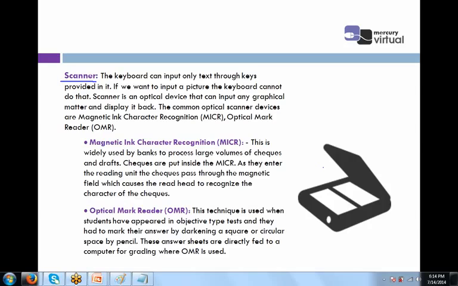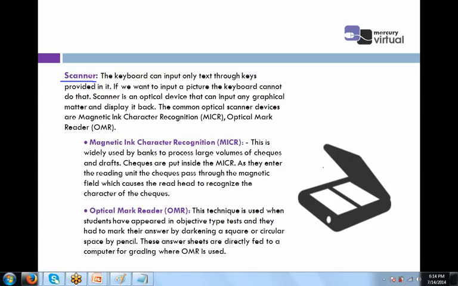For example, if I want to scan 10 or 12 documents, and I want them not in hard copy but in soft copy, that is done by the scanner. In simple terms, the scanner converts hard copy, a paper page, into a computerized form, in 0-1 form.